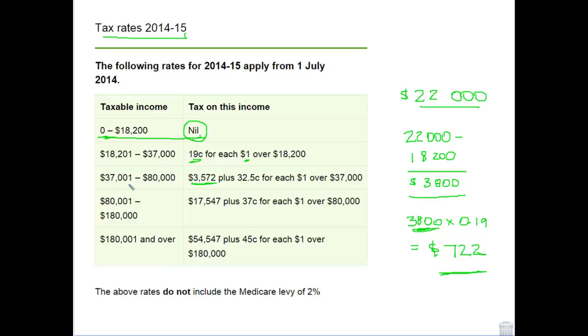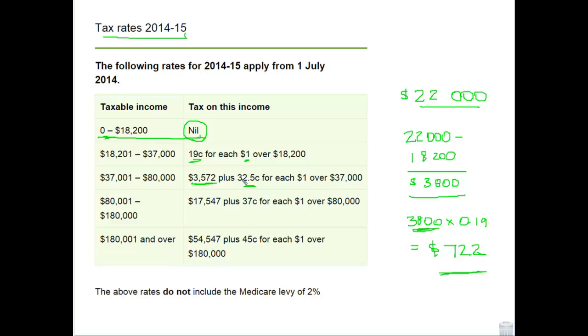As I said, if you made $37,000, you'd pay $3,572. And then if you're earning more than that, every dollar you earn over $37,000, you're going to pay 32.5 cents for every dollar. So if you made, say, $42,000, you'd pay this amount, and then the $42,000 is $5,000 more than $37,000.